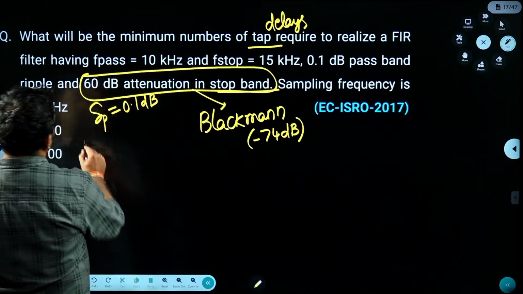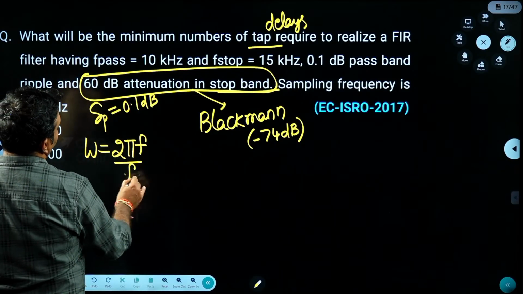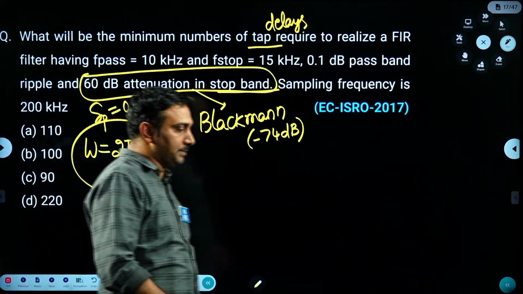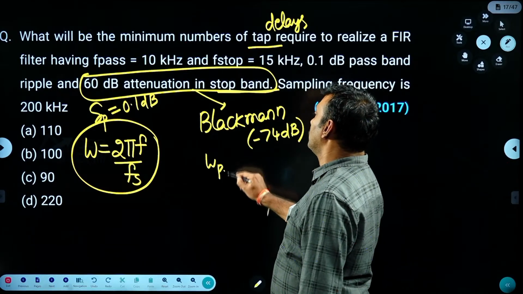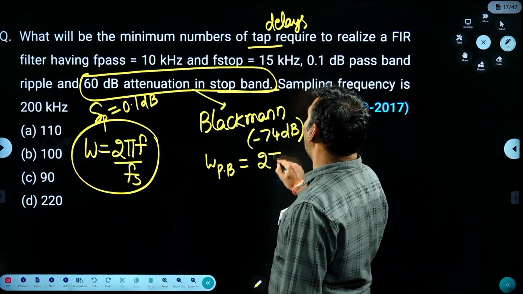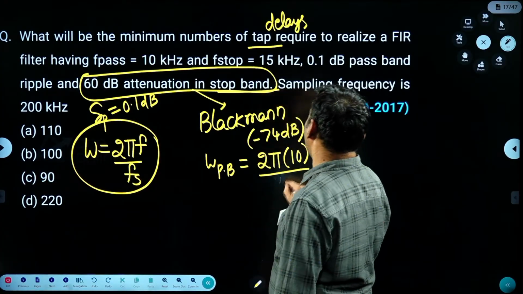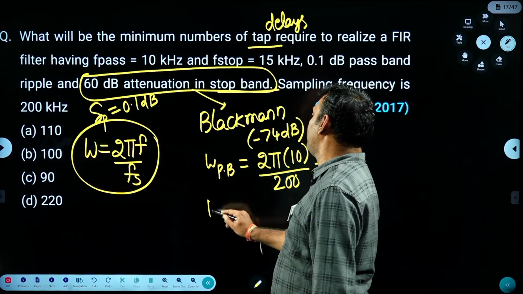So first we have to normalize the frequencies. To convert analog to digital frequency, the normalization formula is 2 pi f by fs. So omega pb is nothing but 2 pi into 10 by sampling rate, which is given as 200, that is 0.1 pi.